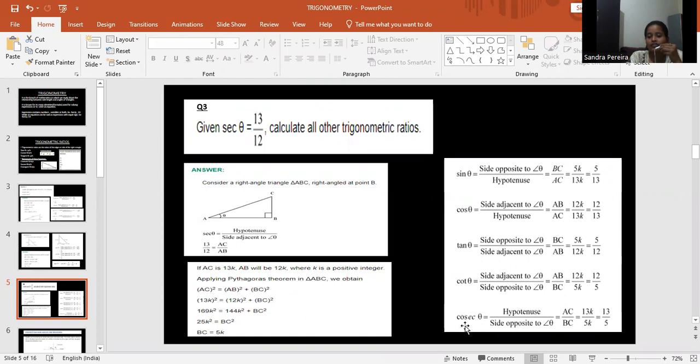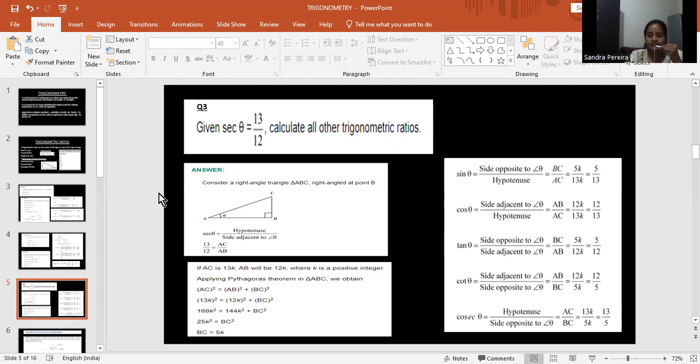We know the formula: it is the reciprocal of sine of angle theta. So exchanging denominator and numerator, you can directly write 5 by 13 as 13 by 5. So it will give you cosec of theta. So these are the methods and formulas used for solving these questions. The main thing is the trigonometric ratios we used here.